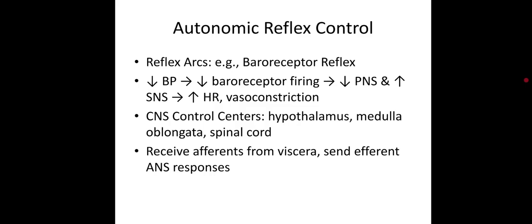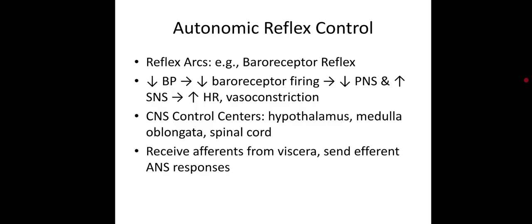Now comes the reflex control. Autonomic is all about reflexes. The pathway followed by the reflexes is known as the reflex arc. There are a lot of examples, but the major example controlling the blood pressure is the baroreceptor reflex. Baroreceptors are present in the carotid artery and aortic arch.